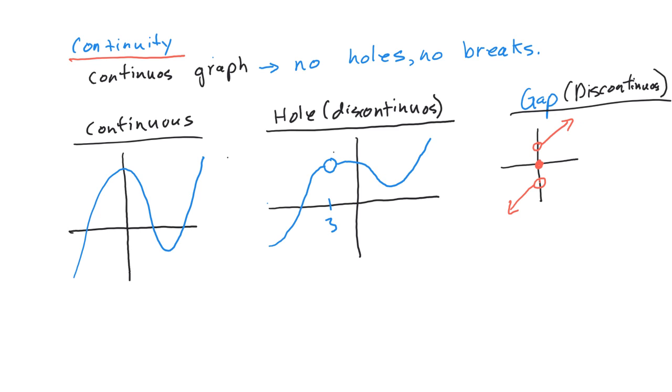Now, another type of gap that you would see is a thing called a vertical asymptote. So imagine if I had something that looked like this. A graph that has a dashed line that we never cross, and it's vertical. That looks like this.